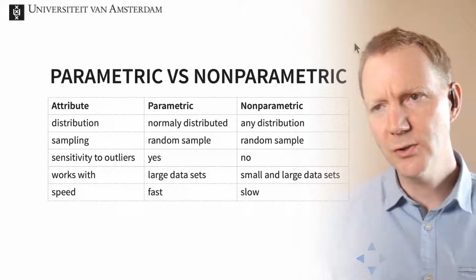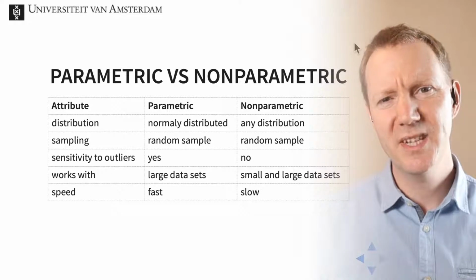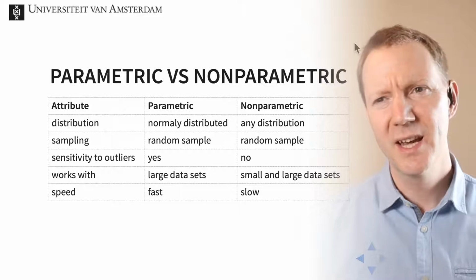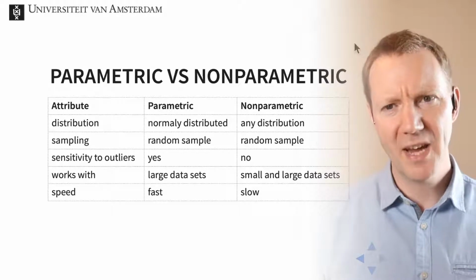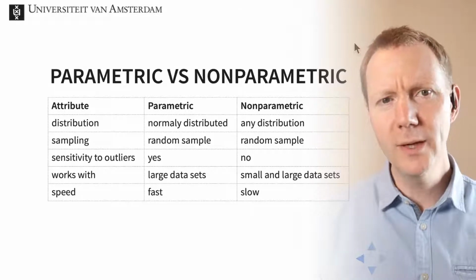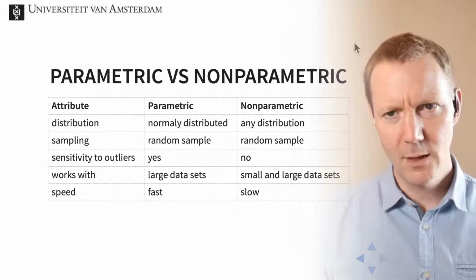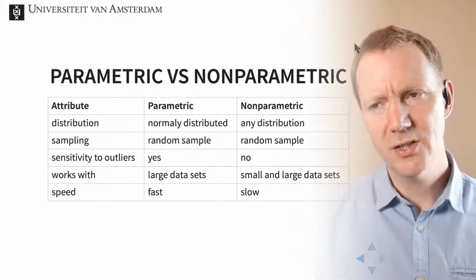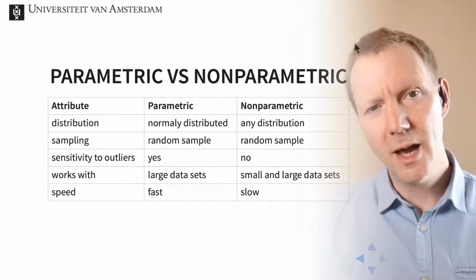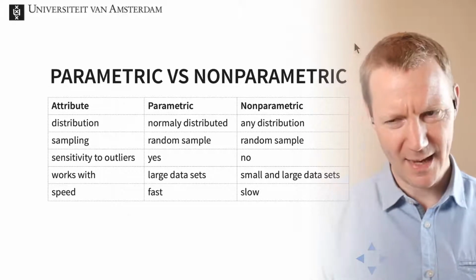I also wanted to go into the things that need to be the same for the non-parametric tests, and that is of course the fact that your sample should be a random sample, because only when we apply a random sample will the null hypothesis testing as we stated it hold.